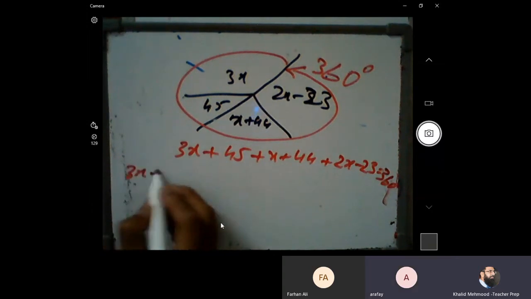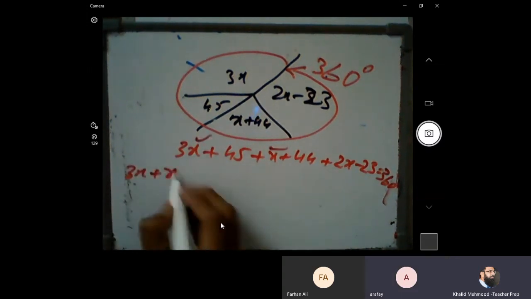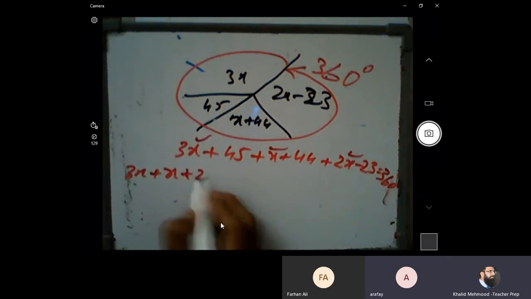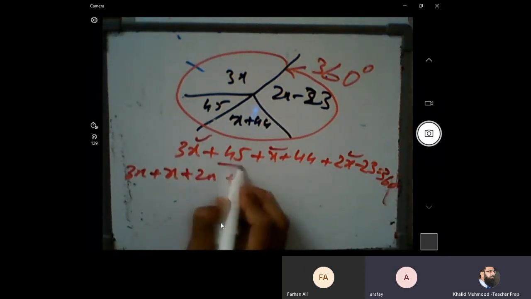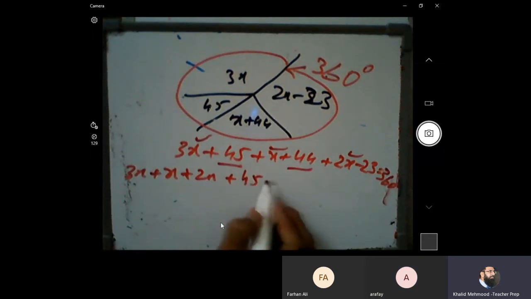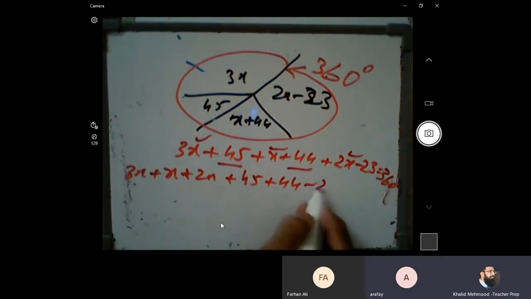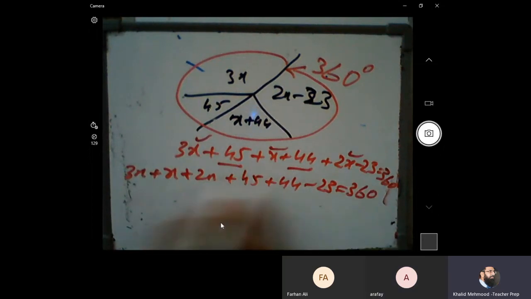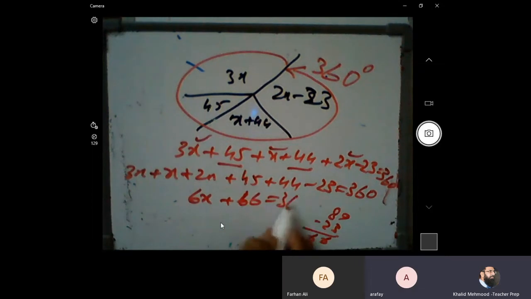So 3x plus another x plus another 2x, then we'll arrange the numbers: 45 plus 44 minus 23 is equal to 360. So now we'll be adding these numbers. 3x plus 1x is 4x, 4x plus 2x is 6x, plus 45 plus 44 is 89, 89 minus 23 is 66, is equal to 360 degrees.